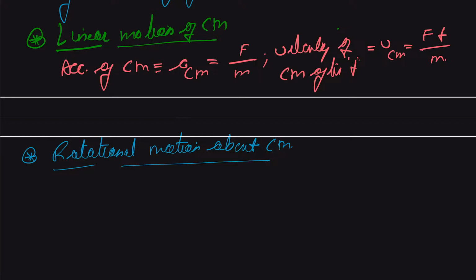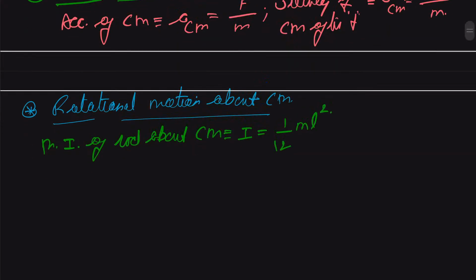Therefore we can say the moment of inertia of the rod about the center of mass, let us suppose that is given as I, then this I will be equal to 1/12 ml square. And from here we can also find out our torque, because force F is being applied at a distance L/2 from the center of mass.